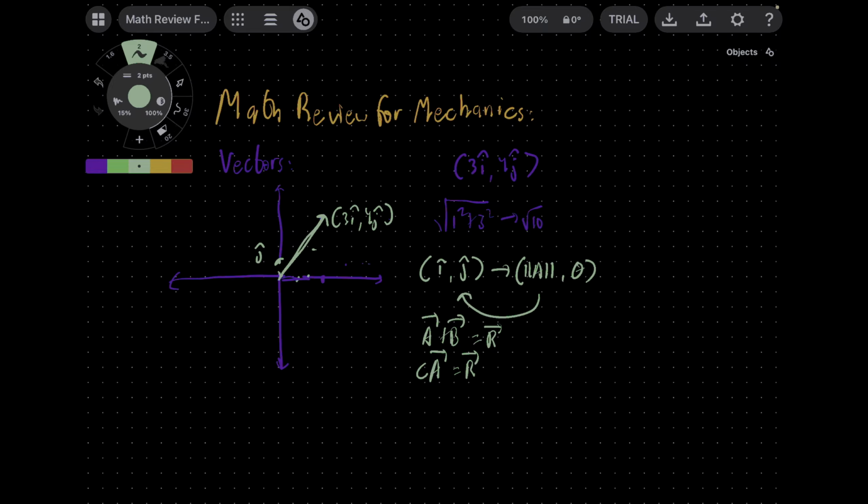Now that we have 3i hat, 4j hat and we know what it means, let's figure out the magnitude and direction. Now, the magnitude we symbolize by the square root of x squared plus y squared.